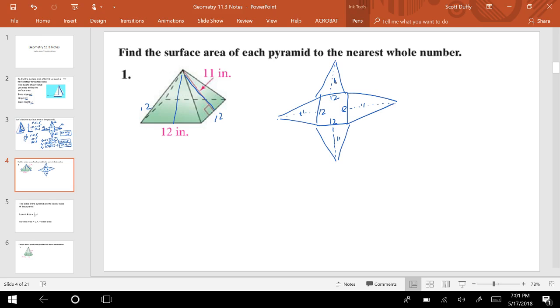So what you can do is say, all right, I know the area of that square base is equal to 12 times 12, which is 144 square inches. The area of each of those triangles is equal to 1/2 times their base, which is 12, times their height, which is 11, which is 66.